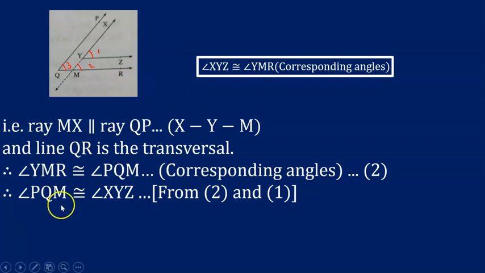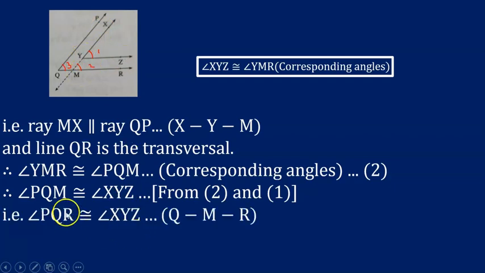Next, we have proved here that angle YMR is congruent to angle PQM. And hence, from these two, from this one and this is the 2, we will prove that the measure of angle PQM is congruent to measure of angle XYZ.